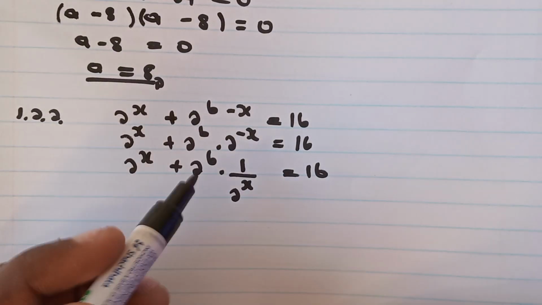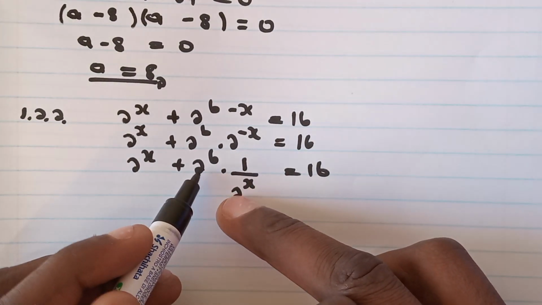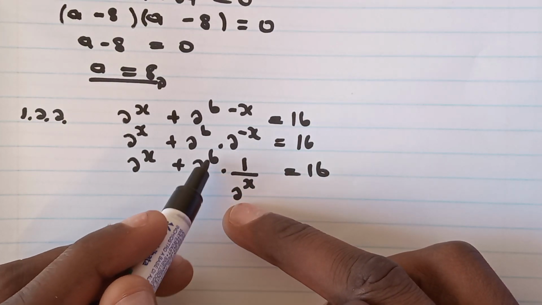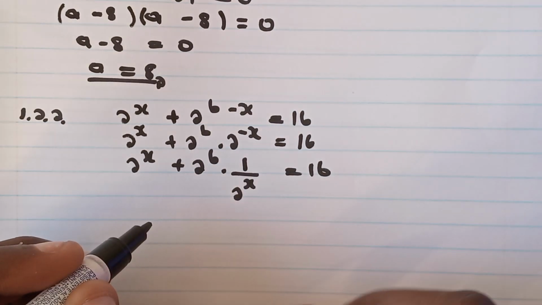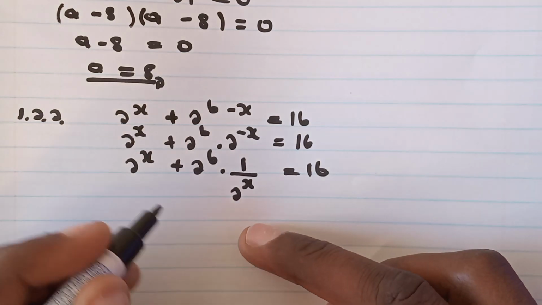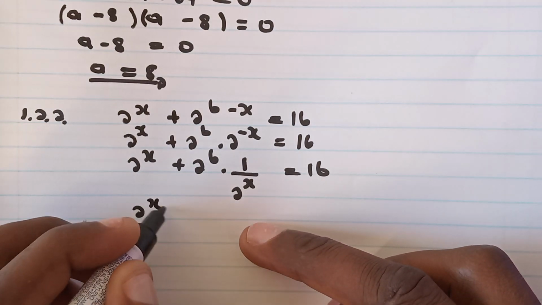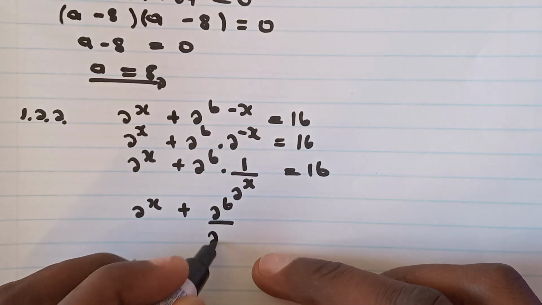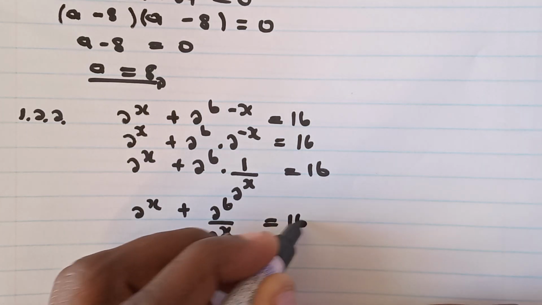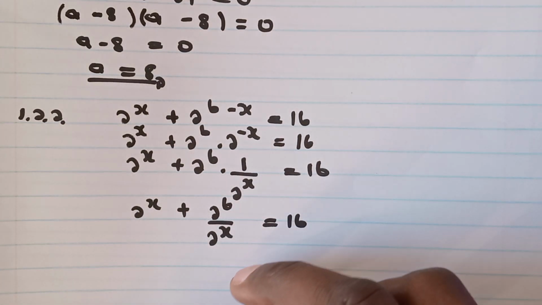When you multiply 2 to the power 6 times 1, it gives us 2 to the power 6. So let's multiply them together and see 2 to the power 6 over 2 to the power x is equal to 16.